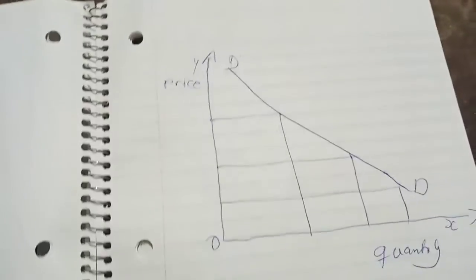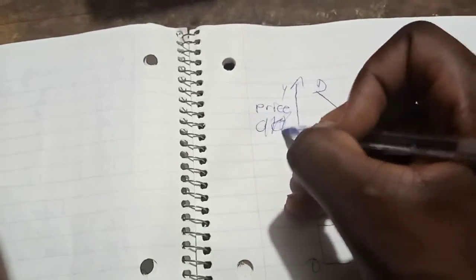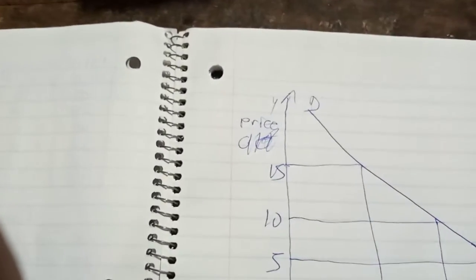The DD stands for demand. Now you label your prices, so don't forget the prices in cedis. Now you label it 5 cedis, 10 cedis, 15 cedis. And quantity demanded can be rice, maize, any product. So I choose maize.